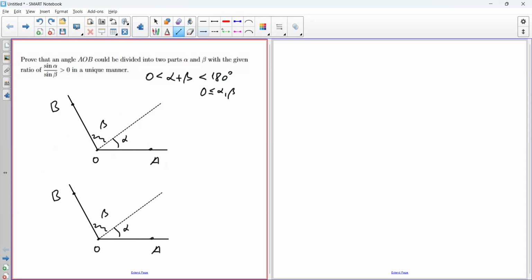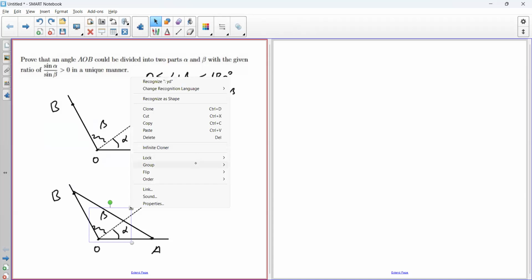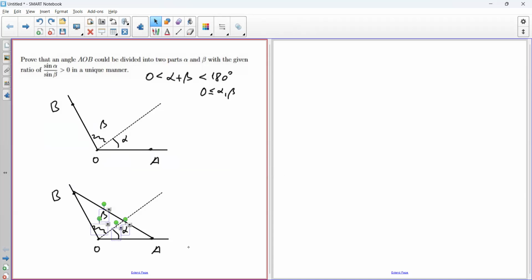Instead of studying just angles and considering this as a function over the angles, I will try to consider this as a geometrical situation.